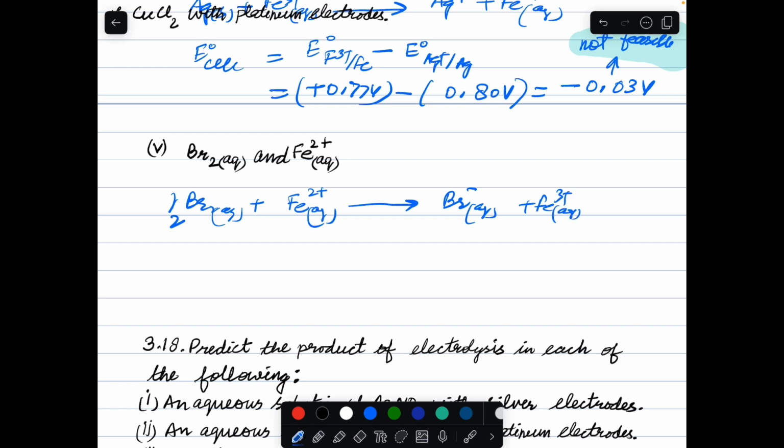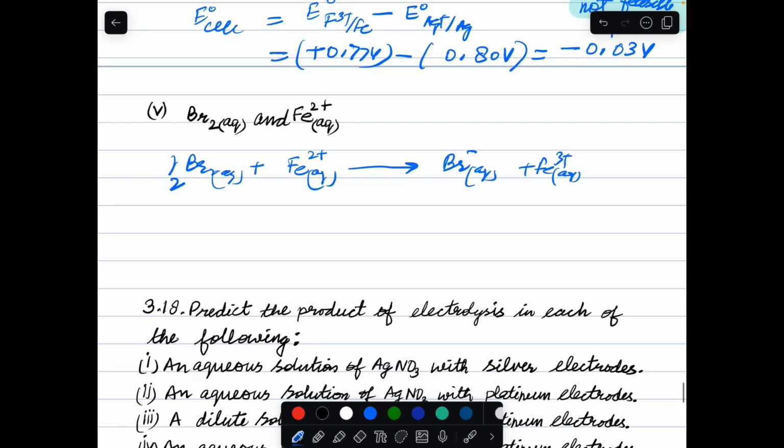So from Fe2+ to Fe3+ is oxidation, while the bromine molecule is being reduced to bromide ion. Okay, so therefore here E naught cell is equal to E naught bromine to bromide ion, that is the cathode where reduction is taking place, minus anode E naught Fe2+, sorry, Fe3+ to Fe2+.